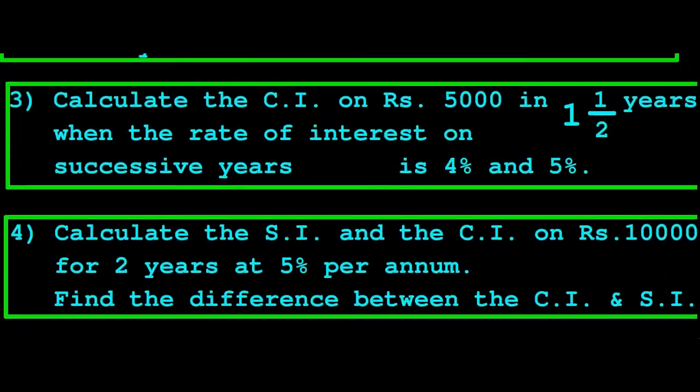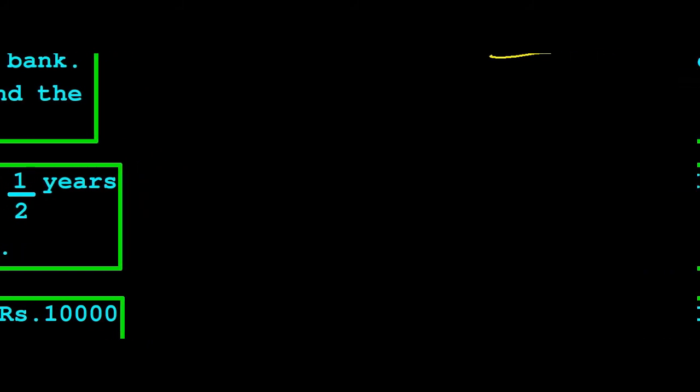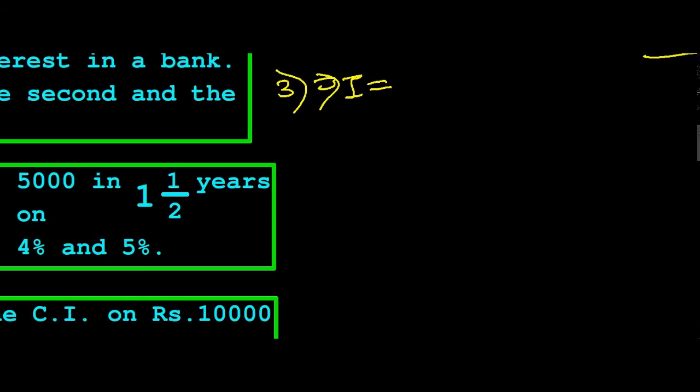And now let's proceed. Calculate the compound interest on rupees 5,000 in 1.5 years when the rate of interest on successive years is 4% and 5%. So let's write the sum number here, and interest is equal to principal. Principal is rupees 5,000 into rate, the rate for the first year.